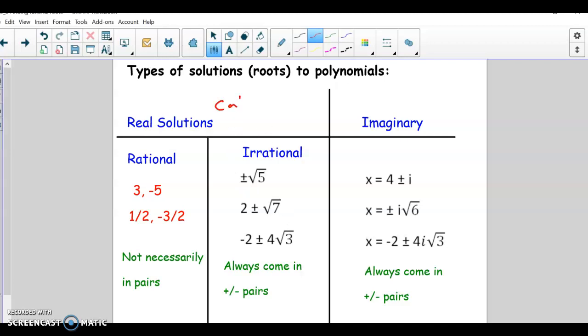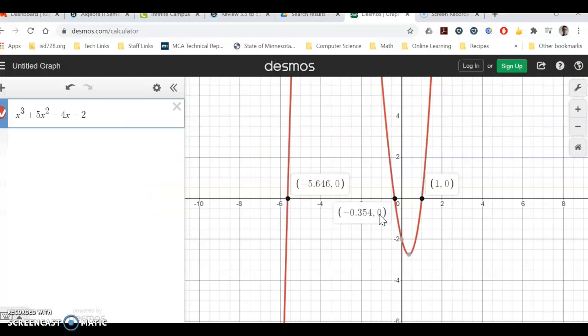Any real ones will show up on the calc. They'll be the x-intercepts. Okay, so when we look at our graph for this particular question, we have one rational answer of 1, and then these two ones must be the irrational type. Right, they're kind of crazy decimals. I guess they stop here, but technically they would probably go on forever. Right, so what we're really seeing is 1 real and then 2 irrational.